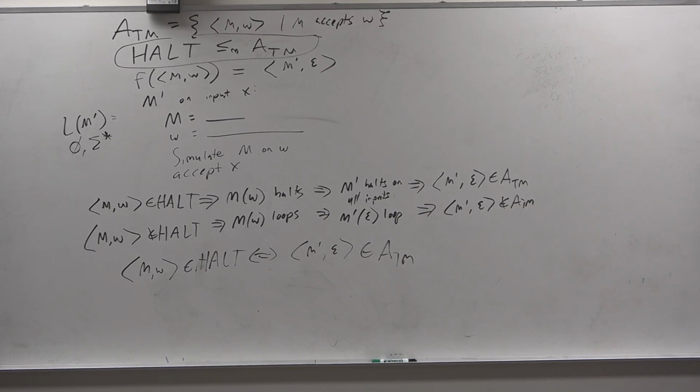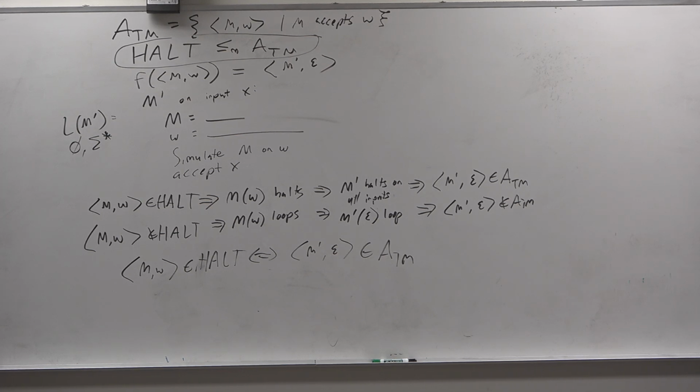Another way to think about it is this. Assume to the contrary ATM is decidable. Then use this reduction to decide halt, contradiction. One way you can imagine it is someone offers you a service. I claim I can determine the acceptance problem for Turing machines. You say, okay, fine. You craft a very specially sneaky input, and you trick them into determining if a machine halts.